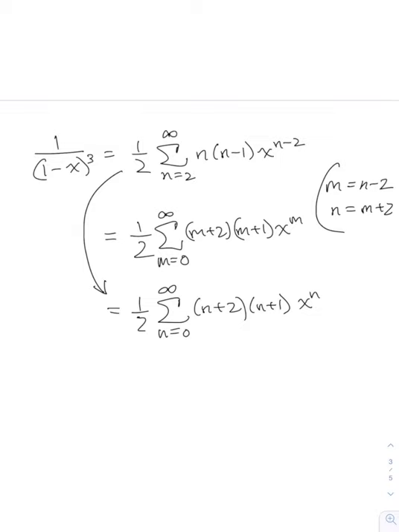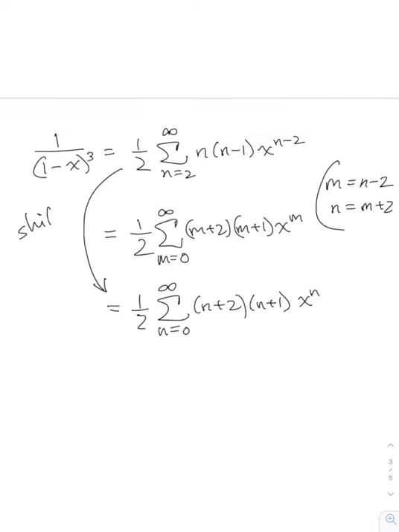Just do a shift of index of summation without actually making an explicit substitution like this. But if it confuses you and you want to keep your head straight on it, go ahead and make that explicit substitution, because that's exactly what you're doing behind the scenes when you just jump from step 1 to step 3. So this is called a shift of index.